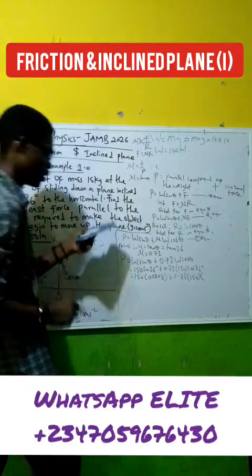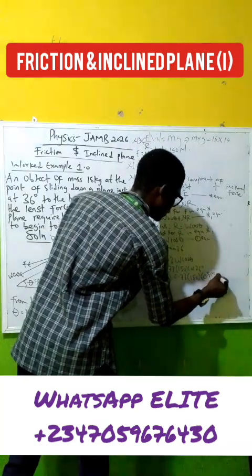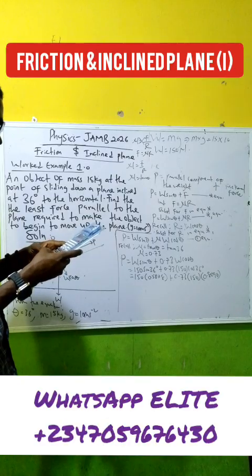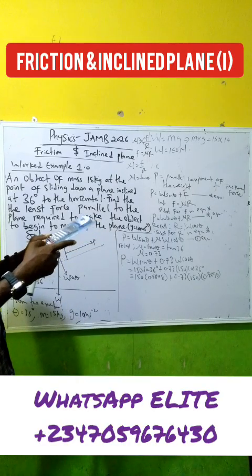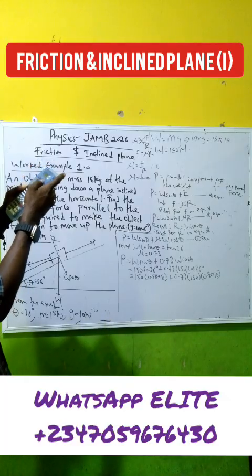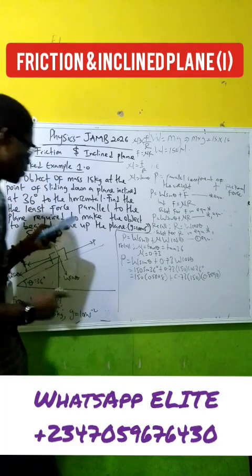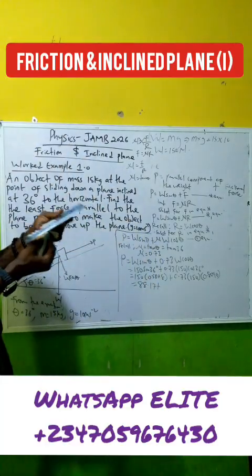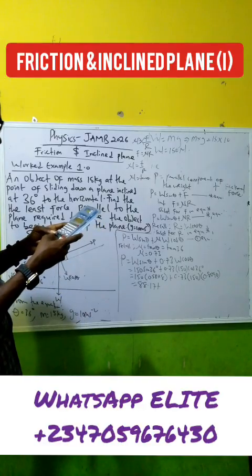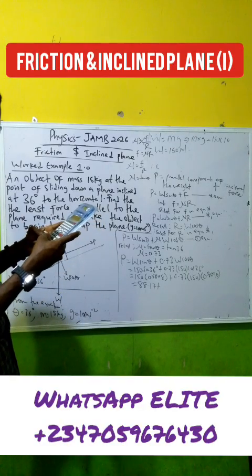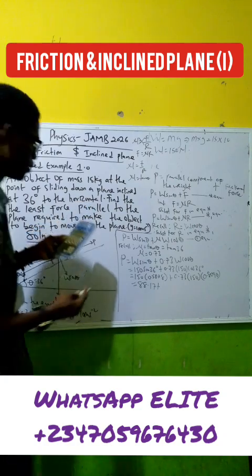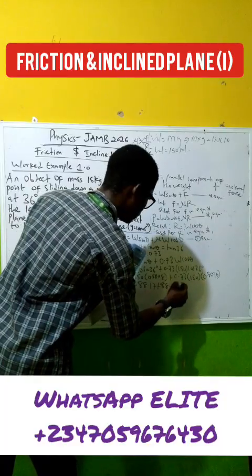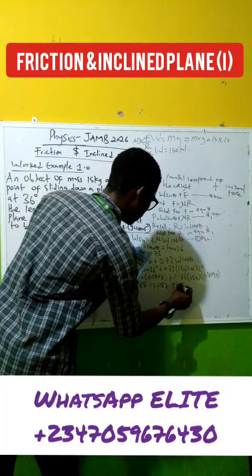Cos 36 is 0.8090. So we now have 150 times 0.5878, which is 88.17, plus 0.73 times 150 times 0.8090, which is 88.5855.